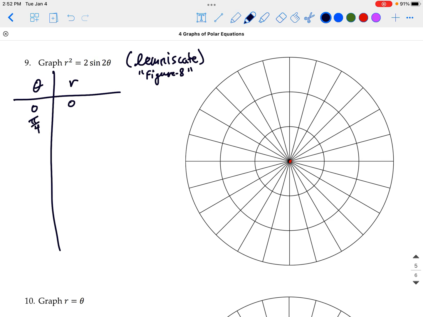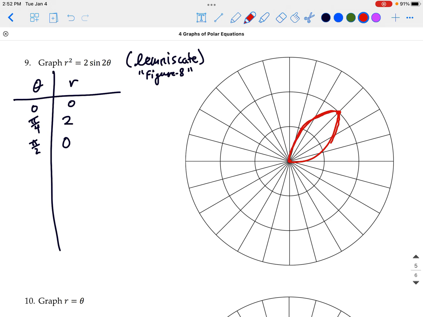So we'll start with pi over 4, which would be a good angle to choose, because then we'll get 2 sine of pi over 2, which is going to be 2. So at pi over 4, we're going to be out at 2. And then going to pi over 2, we'll see that we go back to 0.